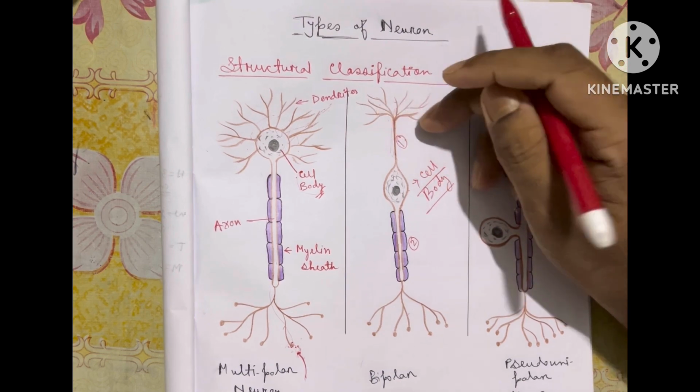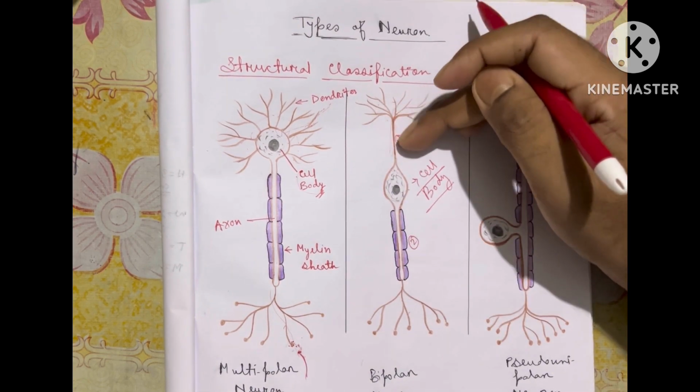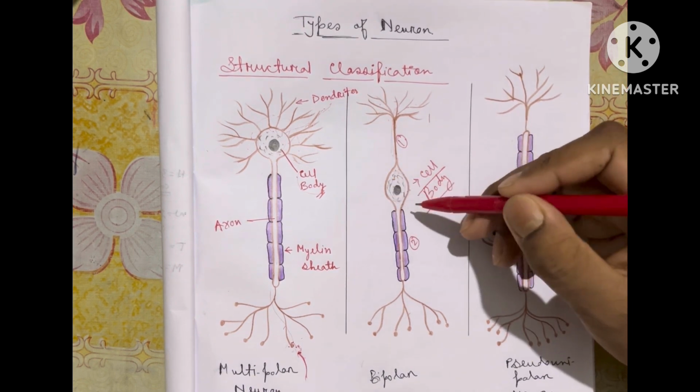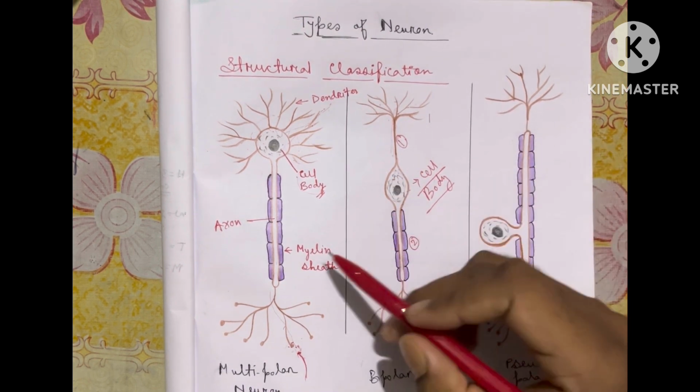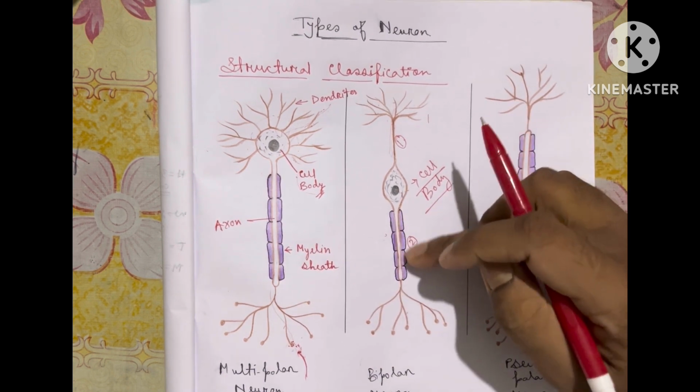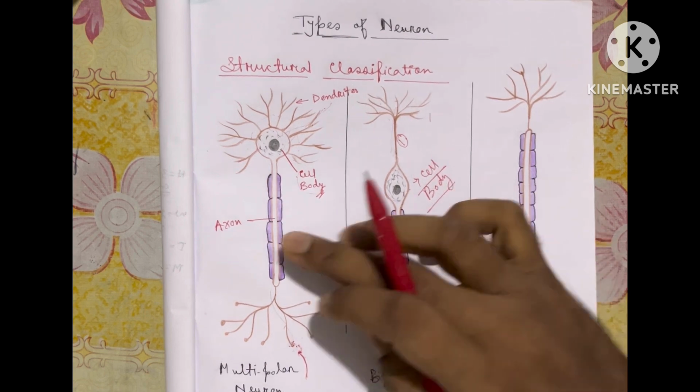So lots of dendrites fuse, and then it comes and makes a connection with the cyton. Then next the axon will be there. This axon is definitely the same type of axon, with the same myelin sheath, just like the multipolar neuron.